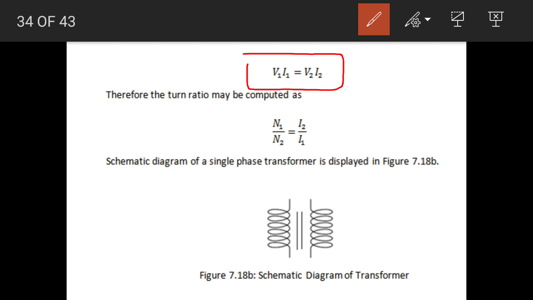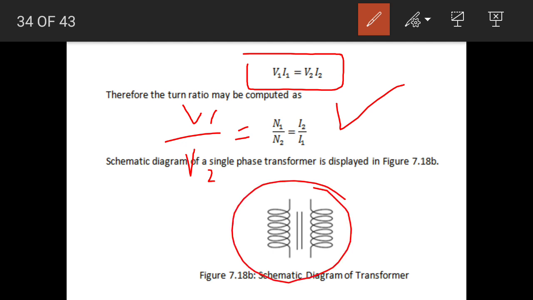So if we rearrange this equation, V1 by V2, which is basically equal to N1 by N2, will be equal to I2 by I1. This is another equation for you guys, and this is the symbol of the single phase transformer. We will do the numerical questions in the upcoming class.